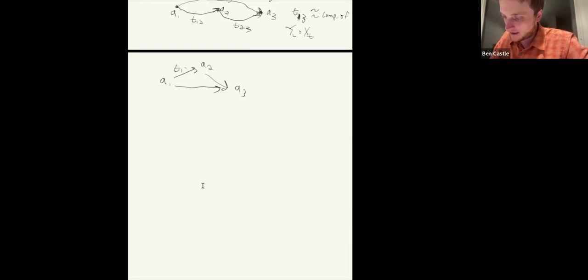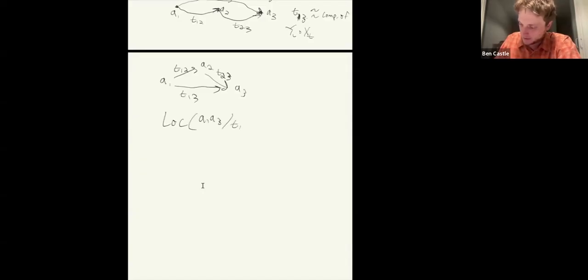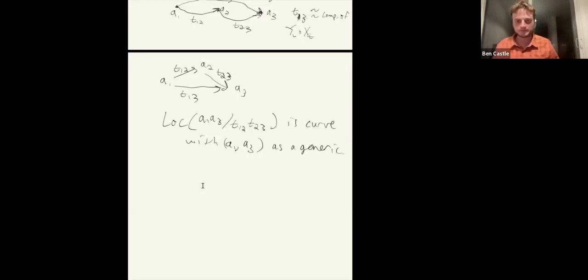You have a curve T12 doing this action, T23 doing this action, and T13 doing this action. So this is the canonical composition configuration. The idea is, if we take the locus of (A1, A3) over T12 and T23, this is a curve with (A1, A3) as a generic point. So it's just a configuration of points that represents a composition.